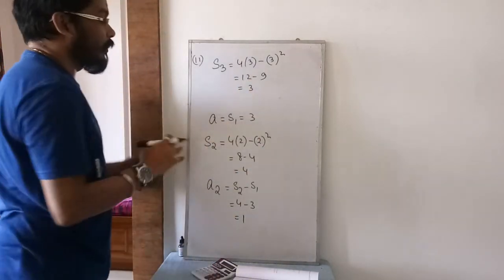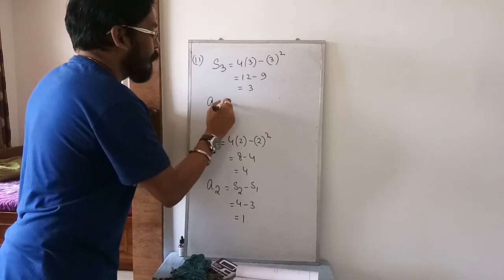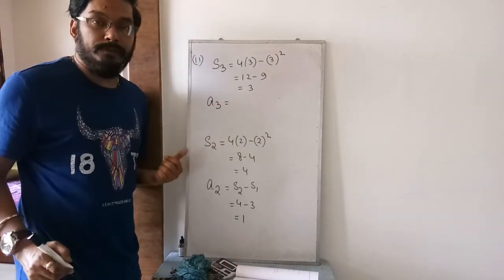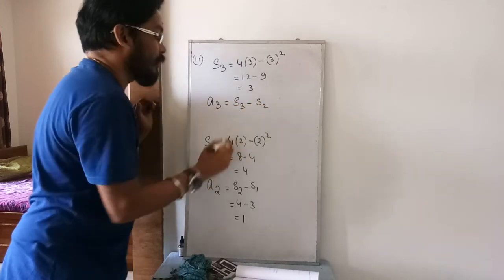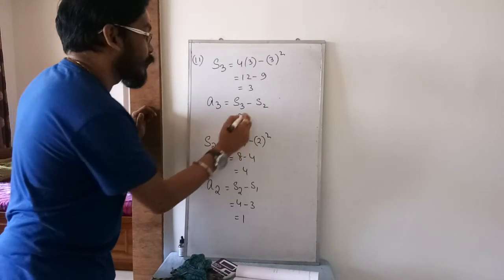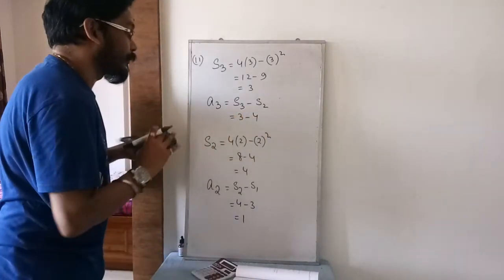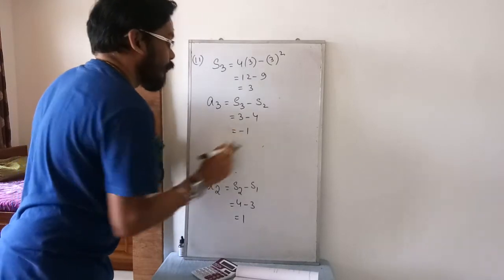Now I have to find A3. When you find the third term from the sum, it will be S3 minus the previous one, S2. Your S3 is 3 and your S2 is 4. So it is 3 minus 4, it is minus 1.